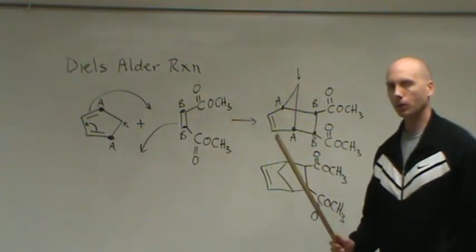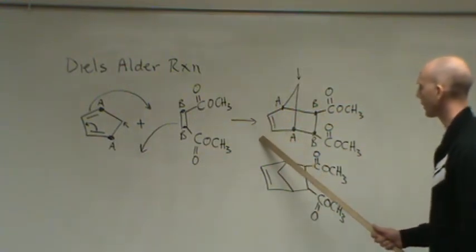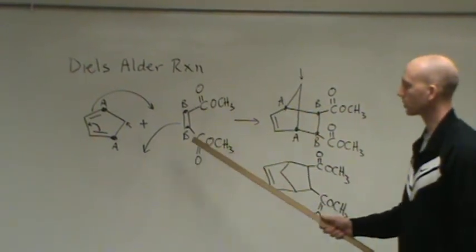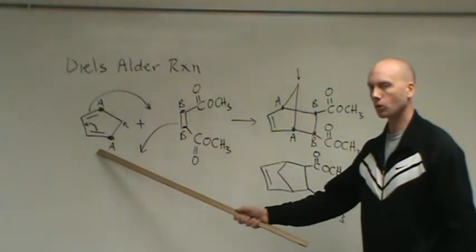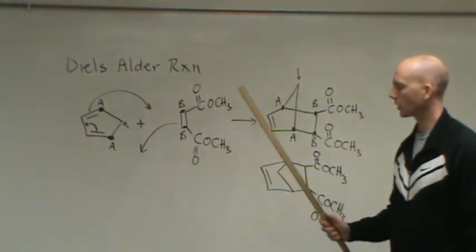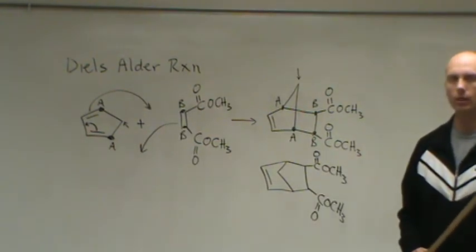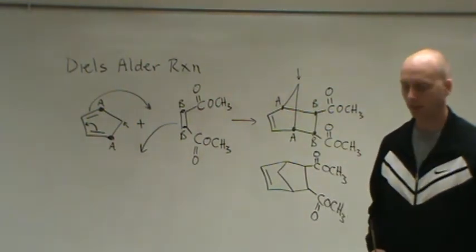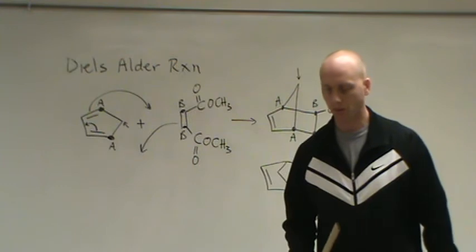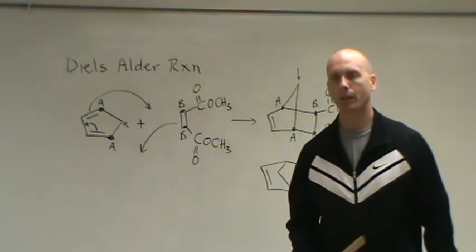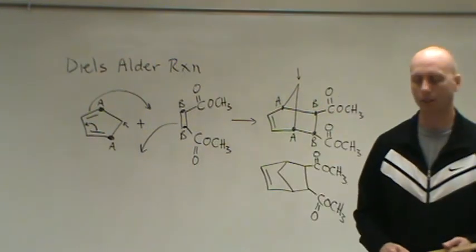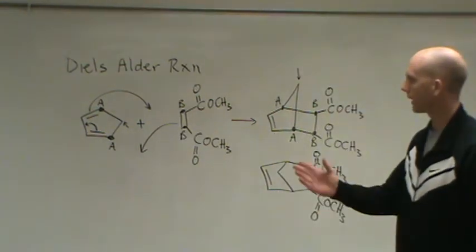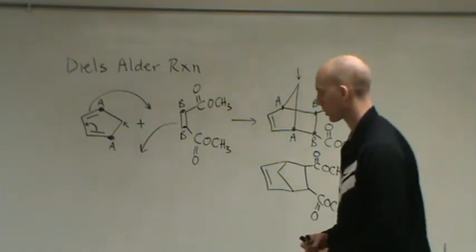But you also want to be able to go backwards, so that if I give you this structure here, you should be able to draw for me what the original diene and the original dienophile was. Okay? So you want to work going both ways so that you can keep things under control. Okay? And so expect both ways on the exam. One last thing about these Diels Alder reactions.